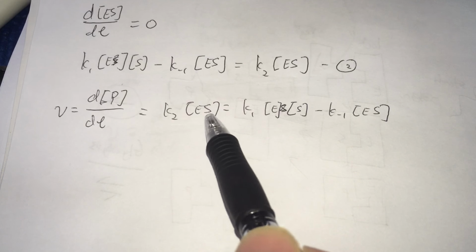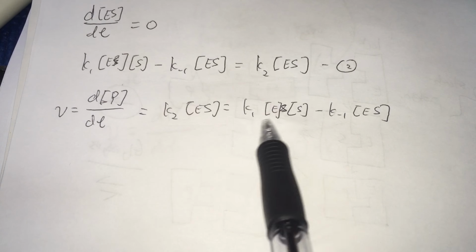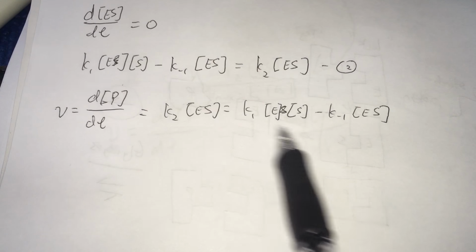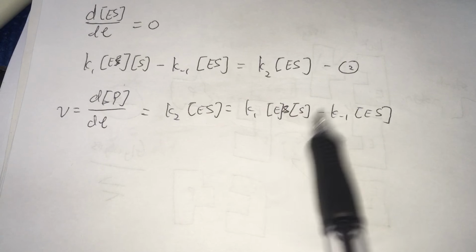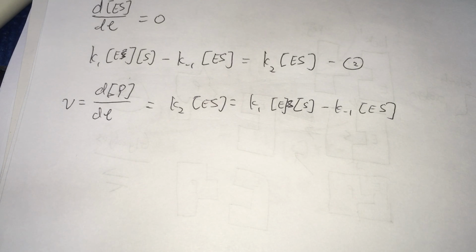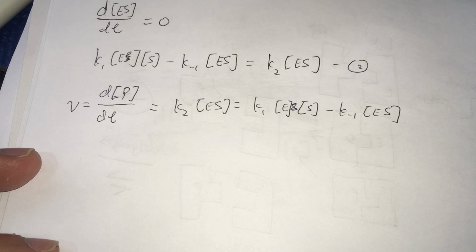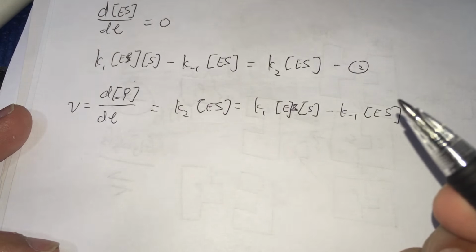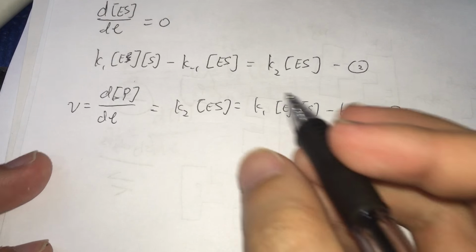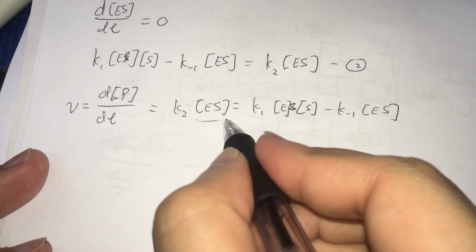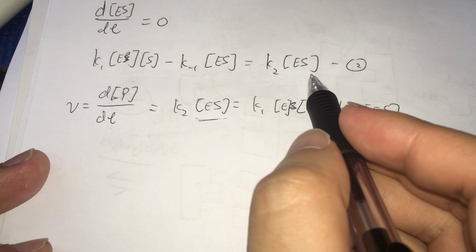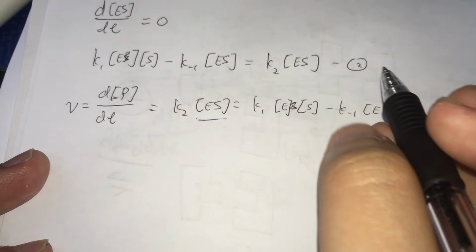That's our first one. And substituting this ES for this, we have this again here. Okay? Alright, so now how do we simplify this equation so that we have some kind of a similar expression that we had before? Again, we have to make ES the subject. So that is done in equation 2.